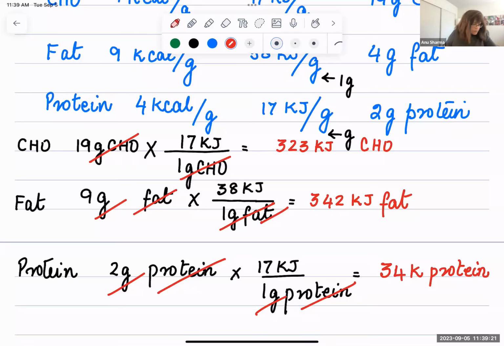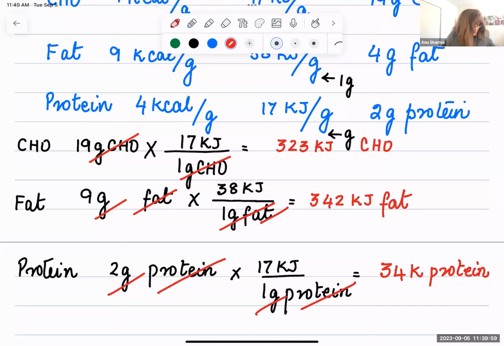So we see here that the carbohydrate is 323, 19 times 17, and fat is 9 times 38, and proteins 17 times 2 is 34.